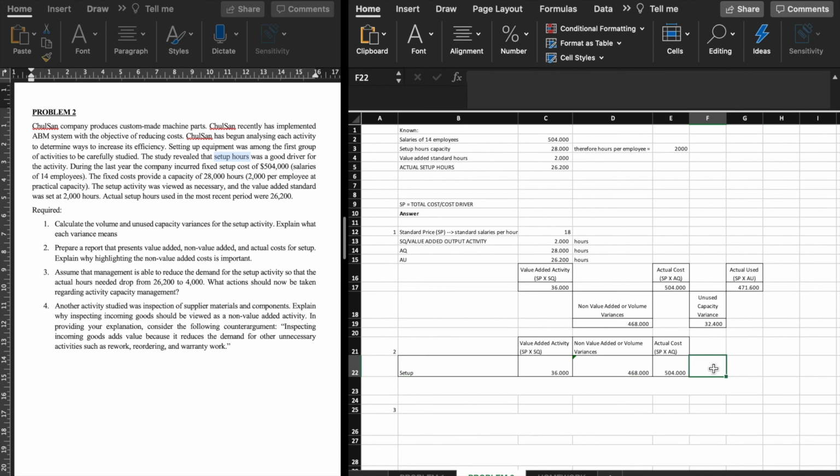Why is highlighting the non-value added cost important? It is important because non-value added activities don't increase customer value. So non-value added cost should be reduced or eliminated.